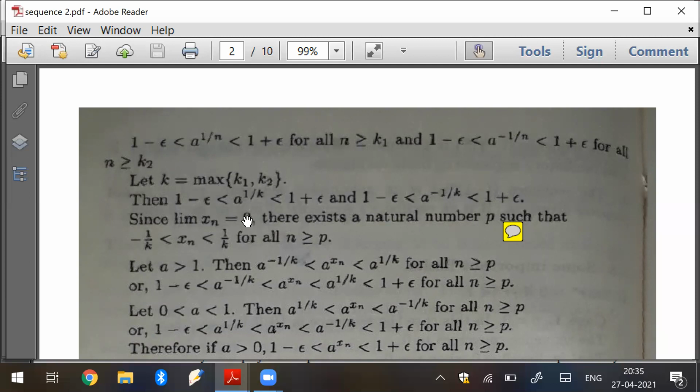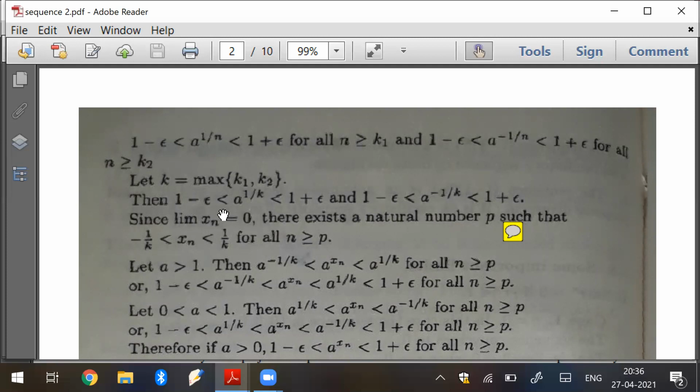Now it is given the limit n tends to infinity xn equal to 0. That is whatever the definition is, already provided there in the problem. So again, let us apply the definition. So we will find the natural number p such that for any epsilon, whatever epsilon we are working with, we can use this here also, or I can use some other epsilon also. What they are using here, they are taking 1 by k as epsilon. What is k? k is a natural number.